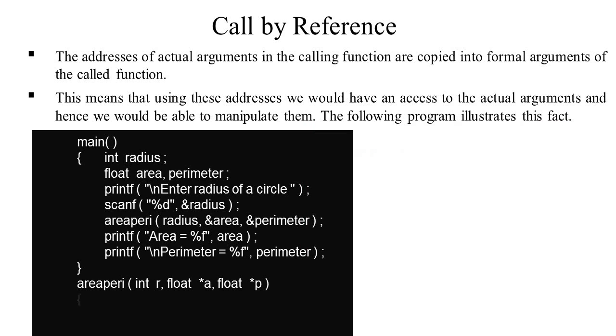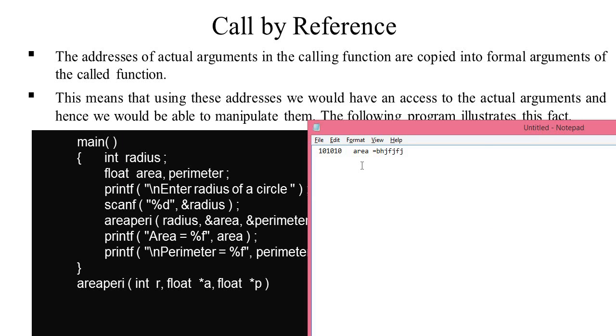Once we make this function call, the address of this area is passed to this particular formal argument. So what will happen? This a over here points to the memory location, this a.